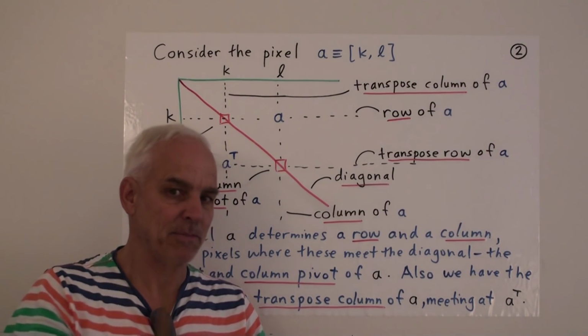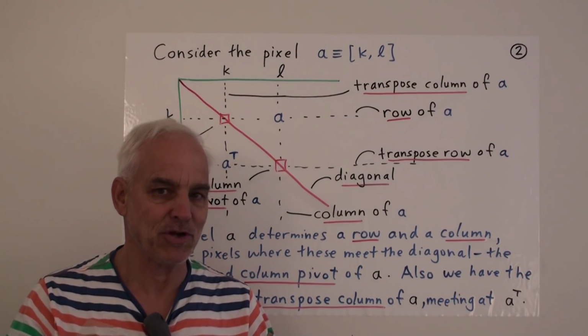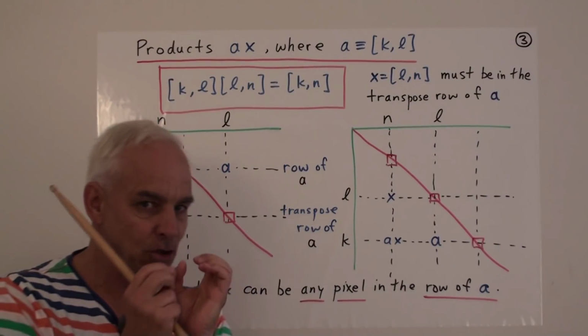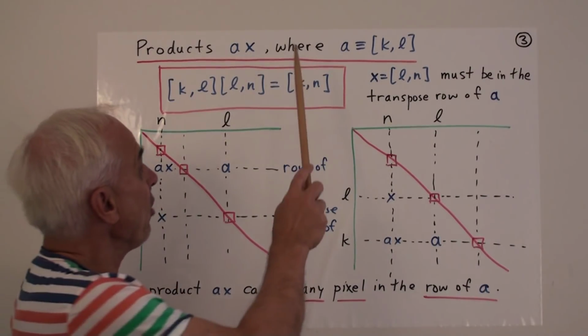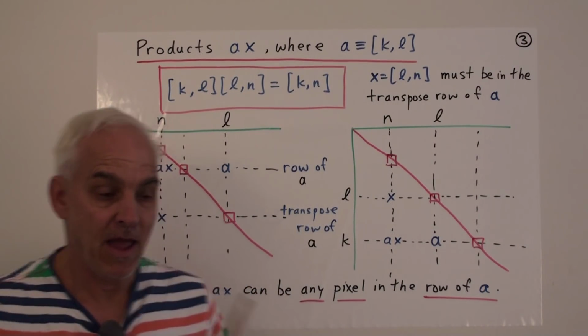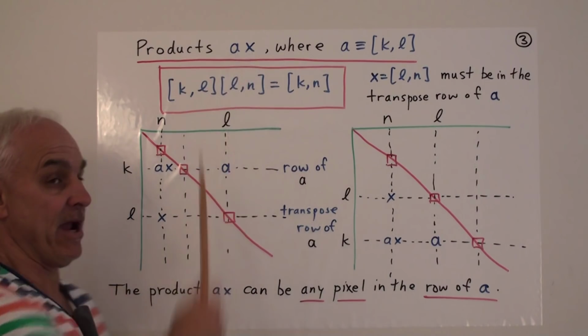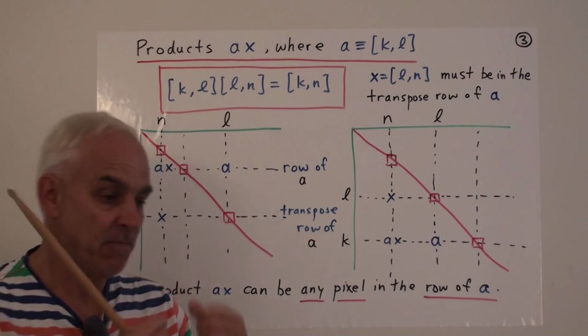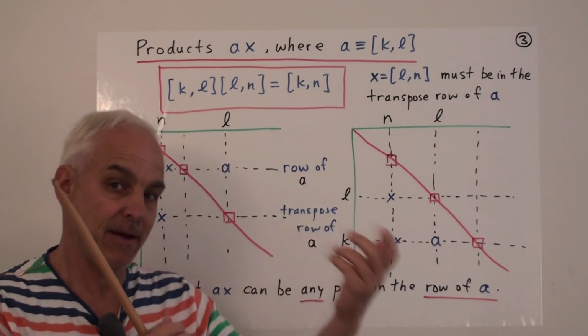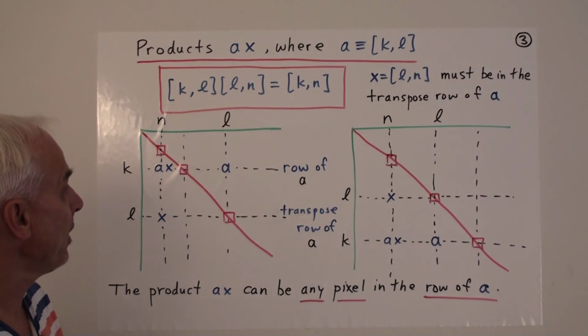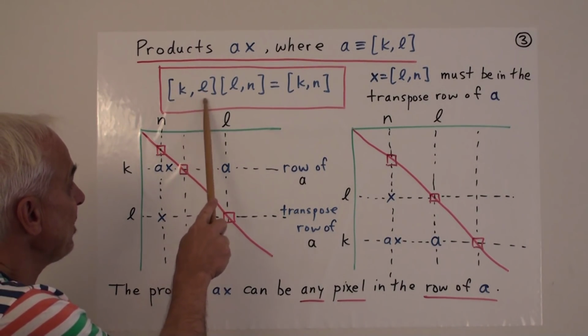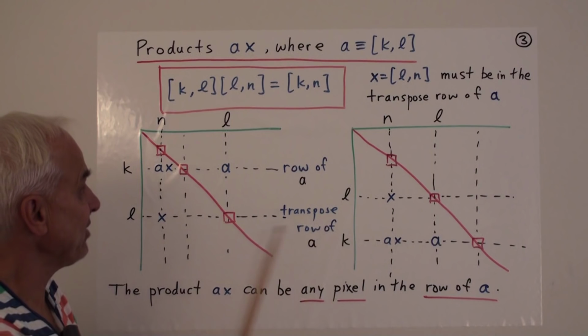that will be involved in the multiplication operation. So now let's look at what happens if we take our pixel A and multiply it on the right by some other pixel X. What are the possibilities for getting another pixel? So here is A, it's the pixel KL, and we want another pixel as a product.